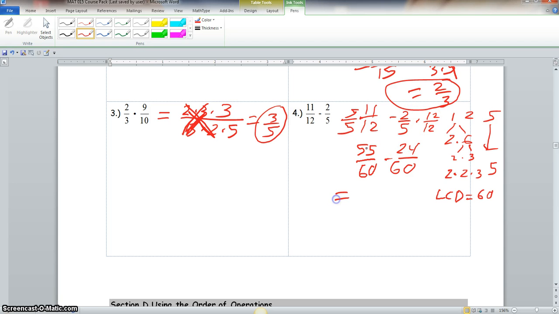So now we subtract them. 55 minus 24 will give us, what's that, 29. So we had 29 over 60. And that is our final, actually no, I'm sorry, that's supposed to be 31 over 60. So our final answer here is 31 over 60. And that is it for this problem.